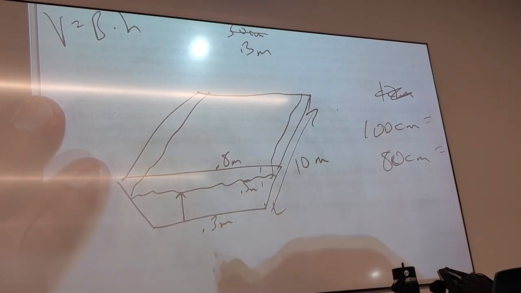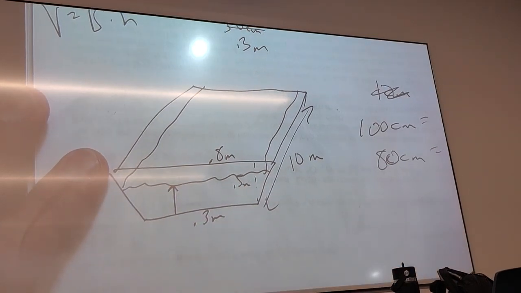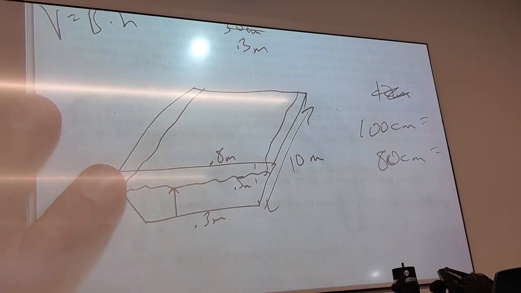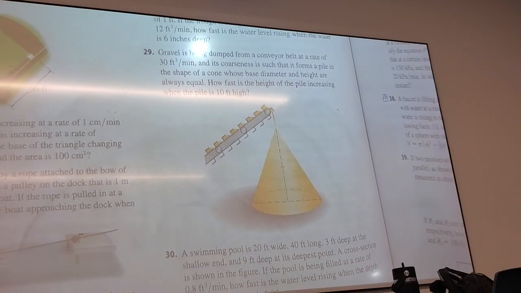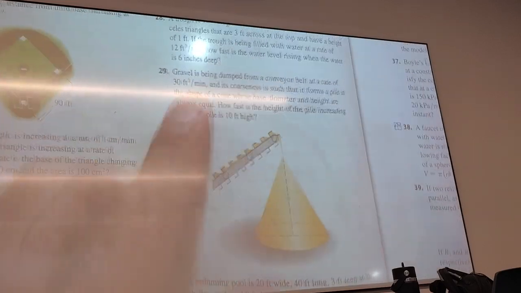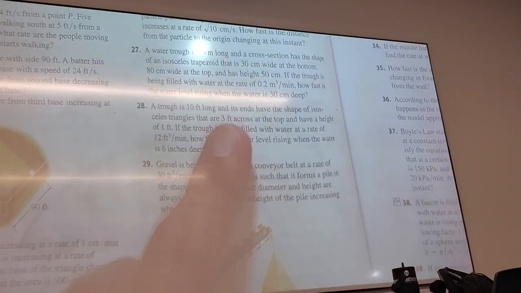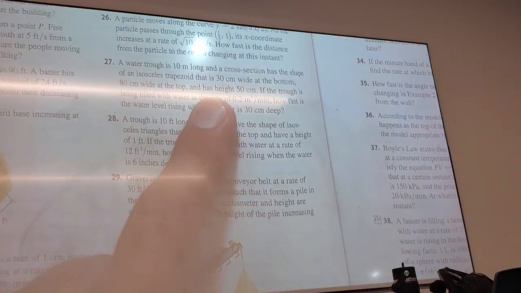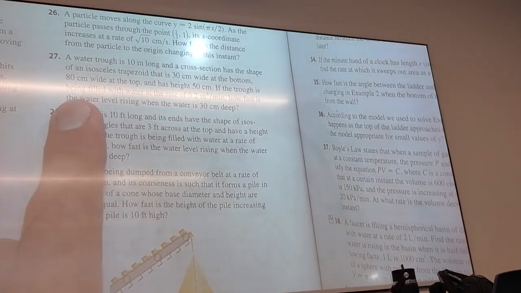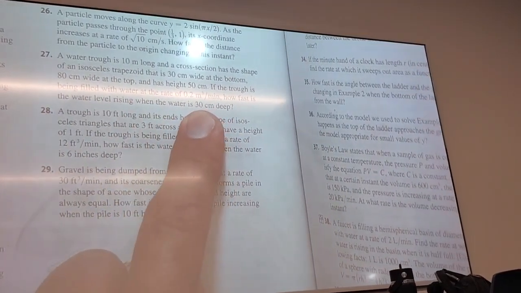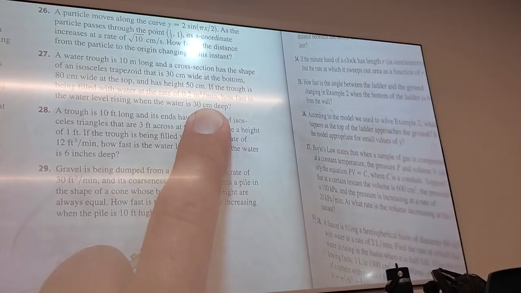How high is the water? Don't bring in a specific height, because that is the snapshot. So how do these problems work? Is the water height changing over time? Totally. Let me see, what do they tell us? They tell me 30 centimeters tall, yeah?